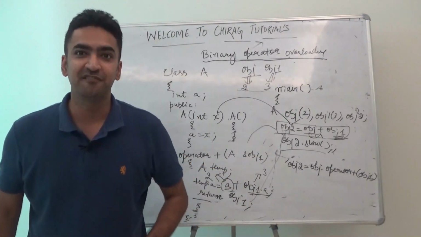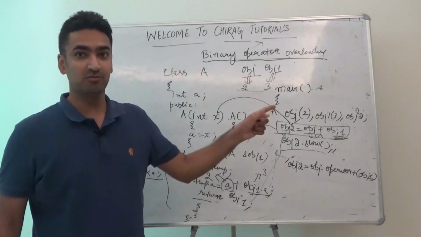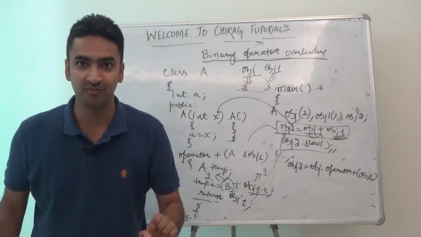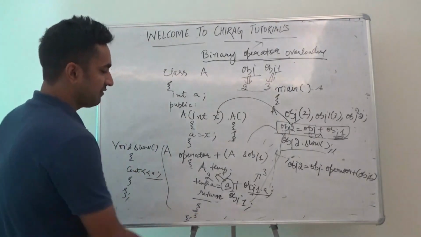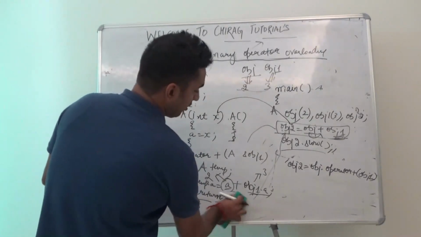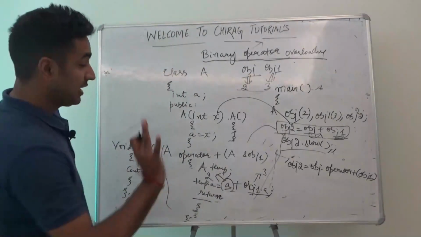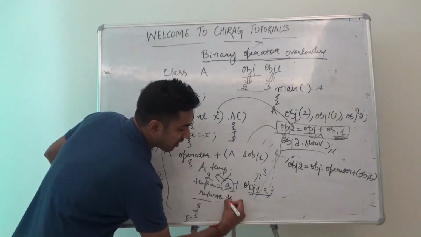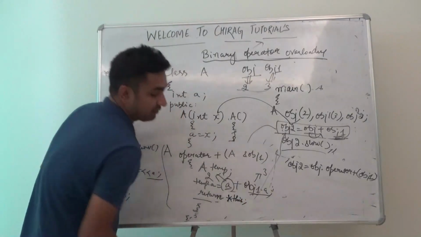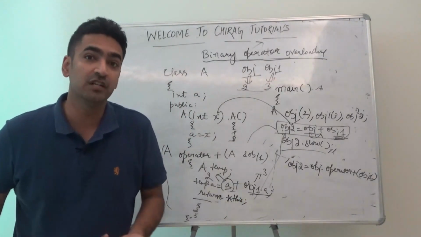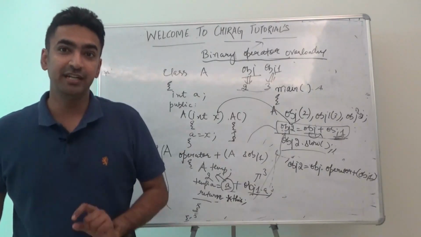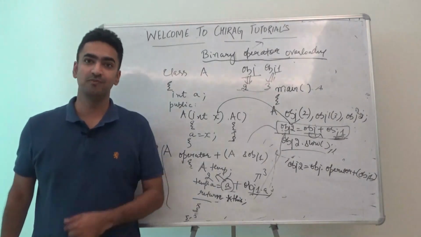We are returning obj1. When obj1 gets returned to obj2, obj2 gets the value of obj1, and the answer becomes 3. Many cases we can follow for this. And guys, if you return star this, it means the variable that is calling a function will get returned. It means the answer 2 comes to obj2.